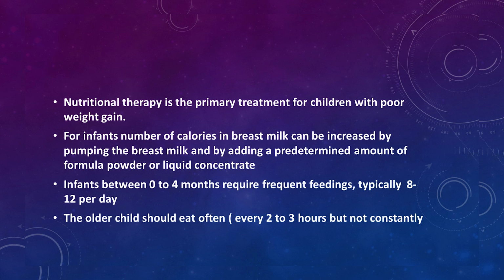While in hospital the child's diet and weight can be monitored closely and daily requirements are given. As the child recovers from severe malnutrition, the child can be sent home and treated with the nutritional diet at home. So nutritional therapy is the primary treatment for these children with poor weight gain, because the main cause of underweight is malnourishment, or the lack of good nutrition to the child.